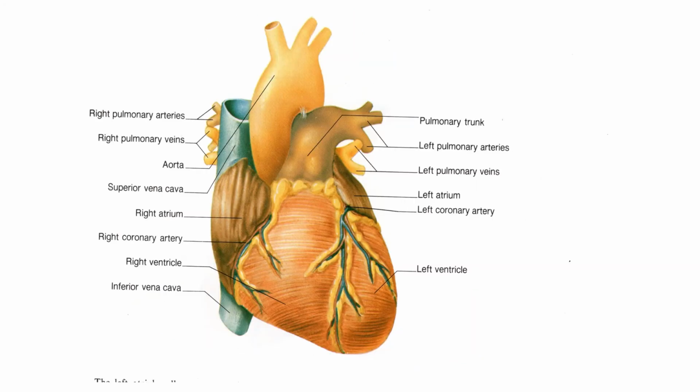Okay, next one. Like I said, it has some more things labeled on it. The big aorta, the largest blood vessel in the body, the largest artery in the body, definitely comes from blood being pumped out of the left ventricle. Now, when the heart's cut in half, we'll see the blood pumped up. Actually, it's internal.